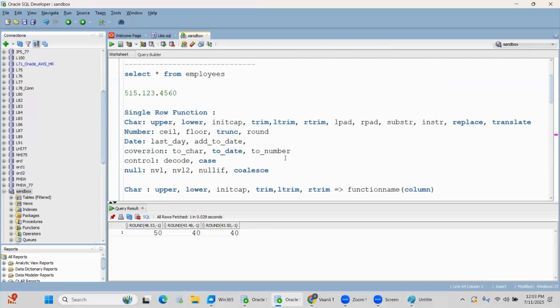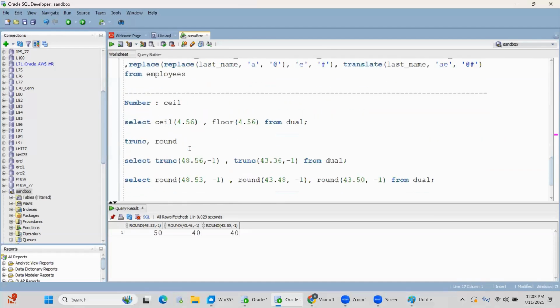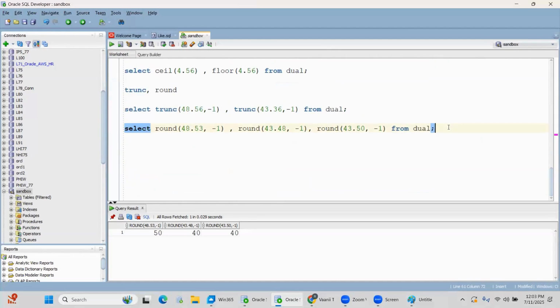Let me move forward to the date part or conversion function. So guys, the date is made up of 6 components. What are the components? Day, month, year, hour, minutes, and second.